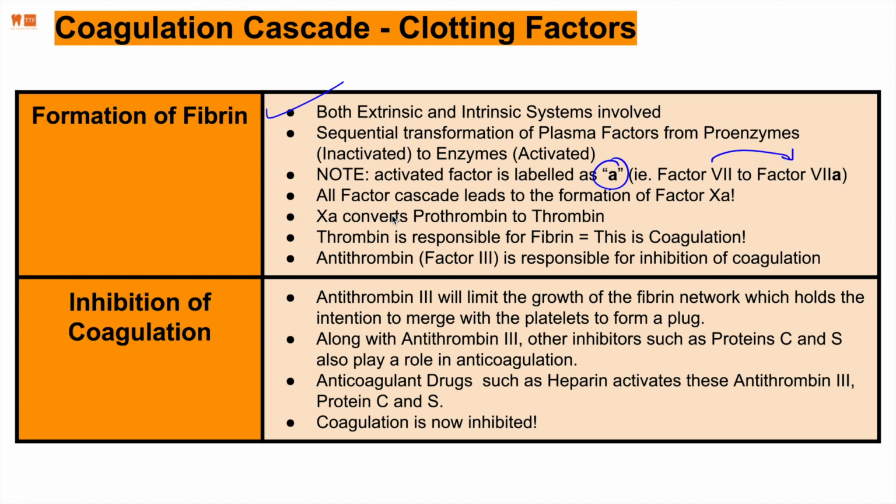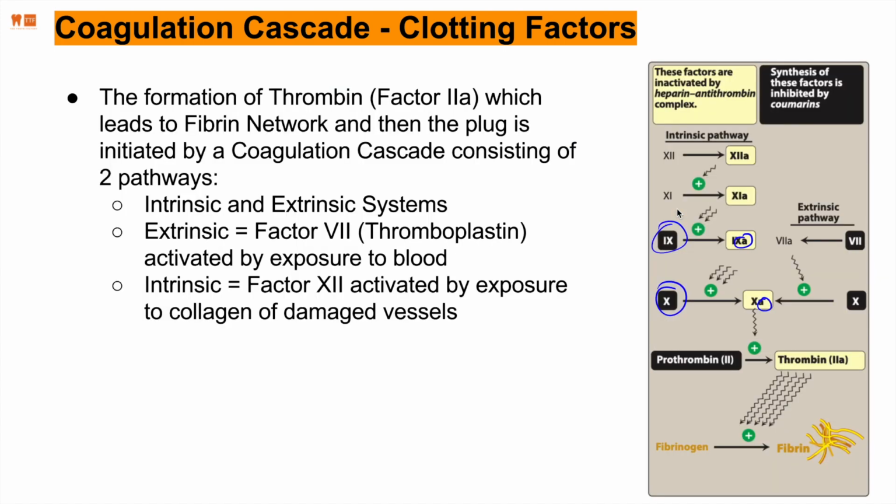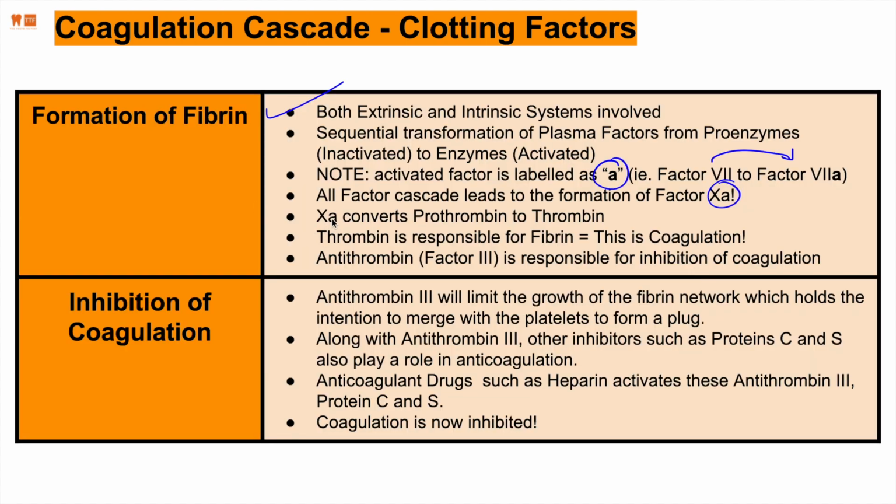All factor cascades lead to the formation of 10A. Ultimately, 10A is formed. That's the goal. 10A converts prothrombin into thrombin. That's the main goal. And of course, thrombin is responsible for the formation of fibrin, and this is coagulation, you guys.